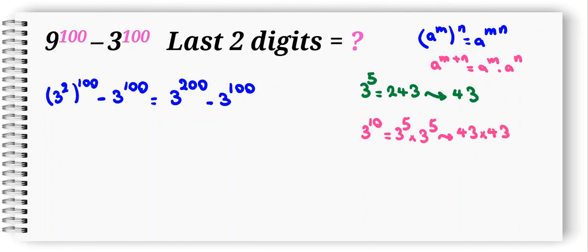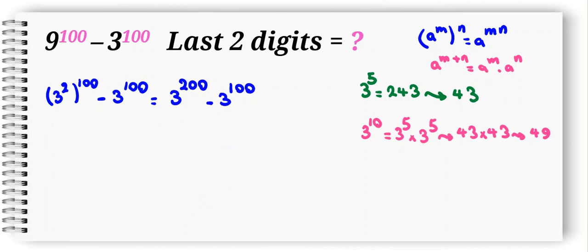If we want to calculate the last two digits, we write 43 times 43. Pay attention, we have a trick to find it quickly. 3 times 3 is 9, 3 times 4 is 12, 4 times 3 is 12. We don't calculate the rest because we want only the last two digits. It will be 49. So 3 to the 5 is 43, and 3 to the 10 is 49.